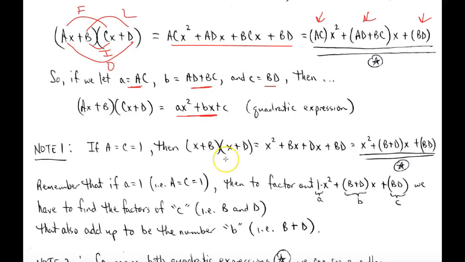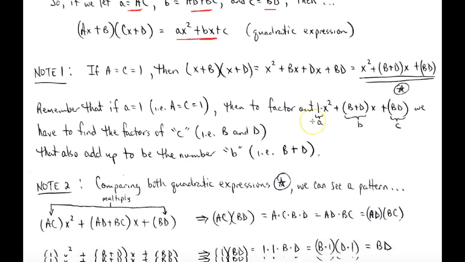Okay. Now, I go a little bit deeper to show you why this is what it is. And so we say, note here that if A and C, which are the A and C that are here, are 1, then this simplifies to this case here, and thus we're really dealing with the case of what we just got through talking about, which is whenever we have a leading coefficient of 1, how we would actually do the factoring.